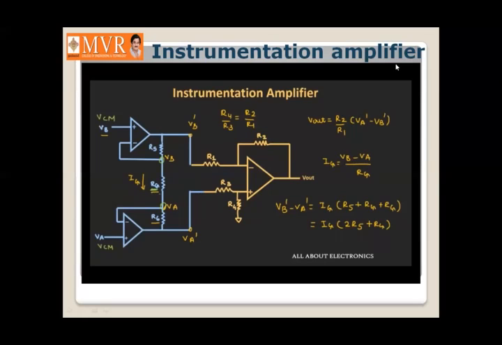And because of that, no current is also flowing through this resistor R5 and R6. And in a way we can say that the same voltage is also present at this terminal and this terminal as well. So for the common mode voltage, these two amplifiers will act as a buffer or a unity follower, while it will amplify only the differential input signals.